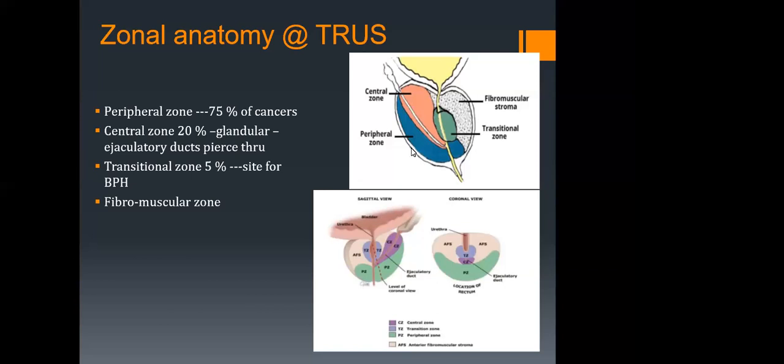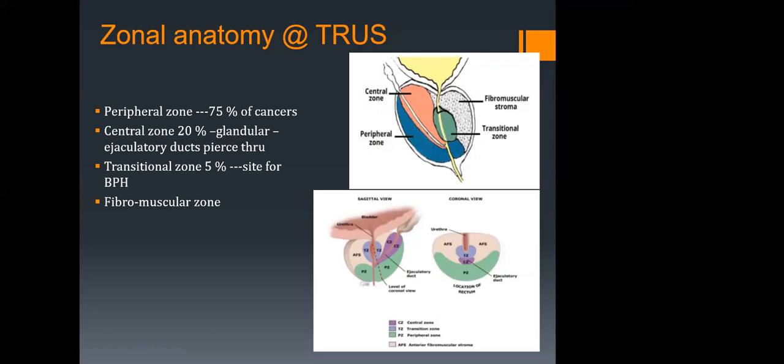For example, if we take this image here, looking at the different colors, we have blue, we have this brownish, we have this whitish, we have this central green. So that is how much the transrectal can give us. It gives us those zones of the prostate, which we cannot see on transabdominal.